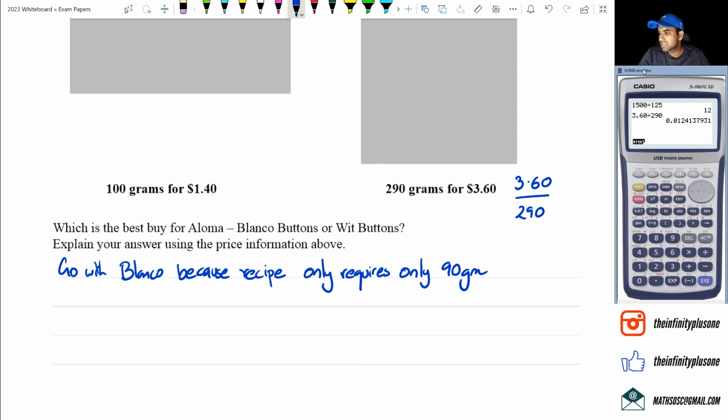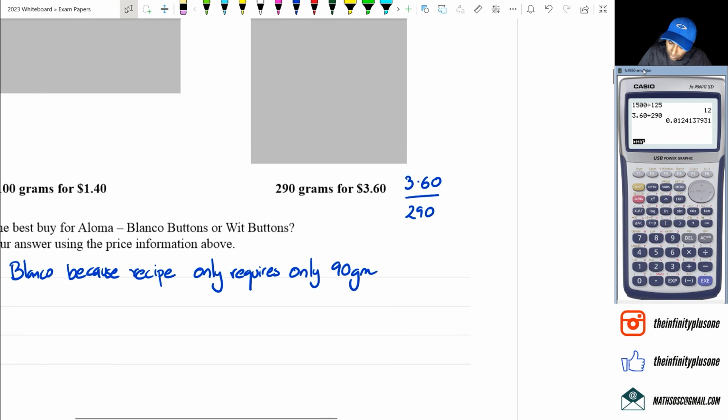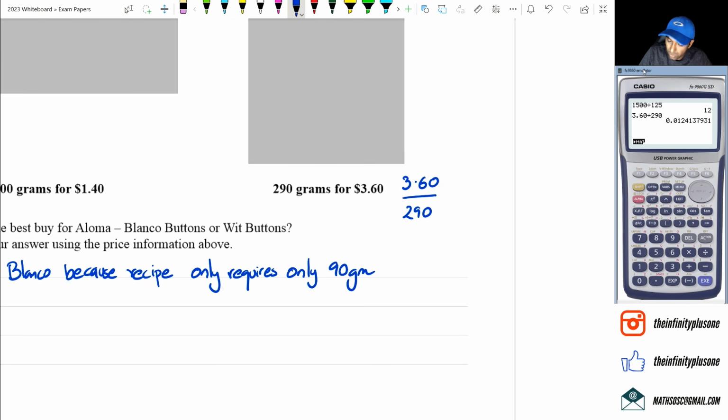As you can see, this is giving me 0.124. Now this is actually per gram, which is something you need to understand. So we've worked out that it's 0.0124 per 1 gram. If we want to work out 100 grams, we multiply by 100, which gives us $1.24 for 100 grams.